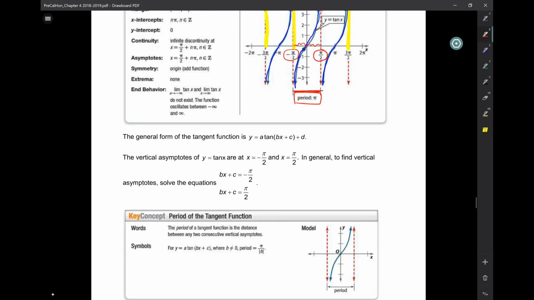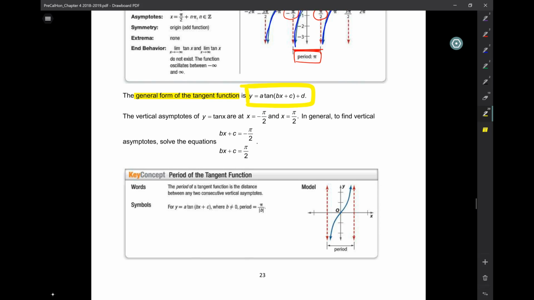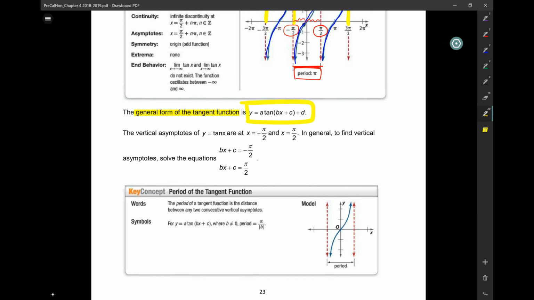All right. The general form of the tangent function is this right here. You see how it looks very similar to the sine and the cosine? It's just that it's now a tangent. There are vertical asymptotes at each of the pi over 2's.